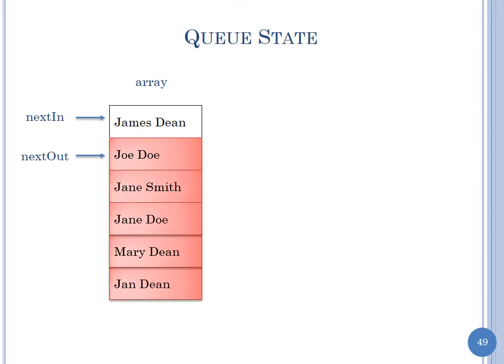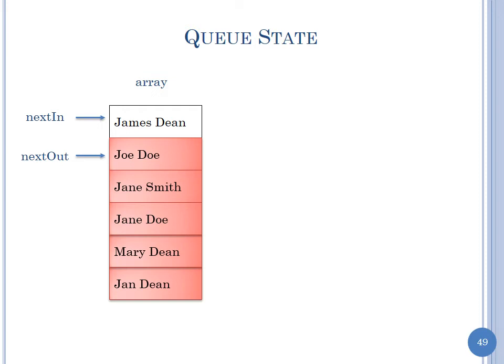Now let's assume again the original queue state, where next in is James Dean and next out is Joe Doe. Now we haven't consumed Joe Doe or any of the elements after that in the queue. And now we don't increment next out, we increment next in, so we have a new item to add.